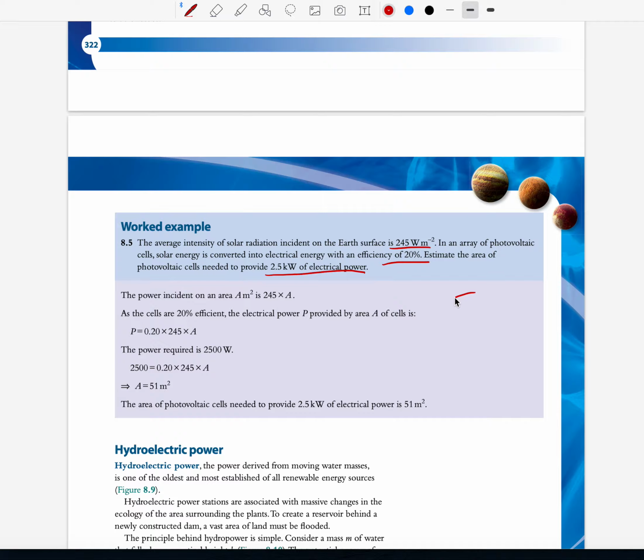This is the idea with the photovoltaic cells, that you have a large area covered with cells. Of course, you have some incident radiation from the sun. This is the input power. So every second, this is the intensity, the incoming intensity that reaches the ground. And remember, the intensity is power over area.